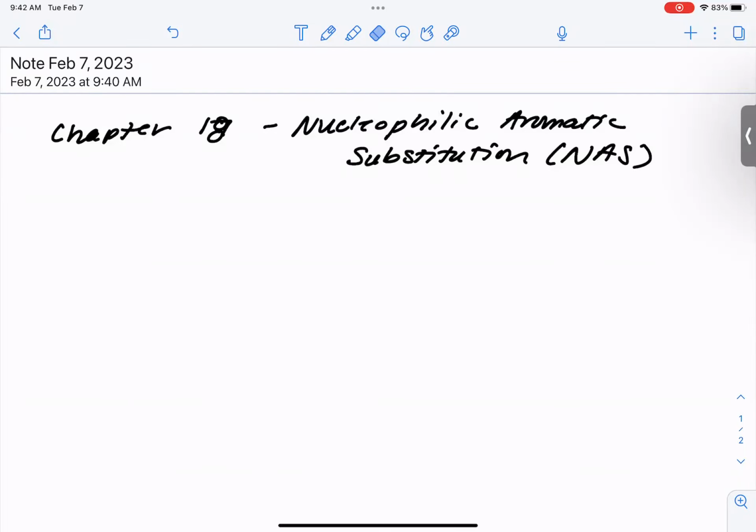What I started with was the addition elimination mechanism, and this is what you're doing in lab this week.